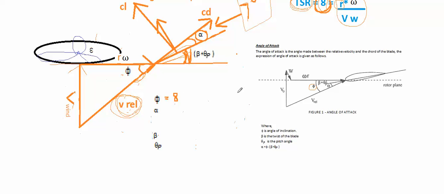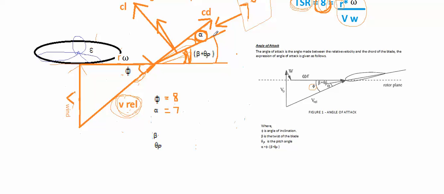Now alpha, which is the angle of attack right over here, we want it to be 7 degrees. Why? Because we want the best possible lift to drag ratio. So that means this angle, which is our twist angle, I'm speaking about the tip speed ratio of 8.